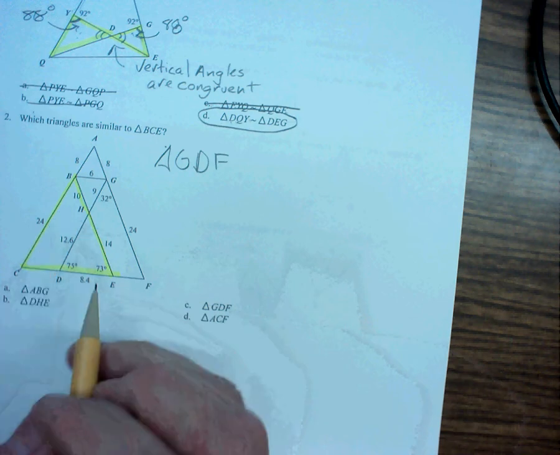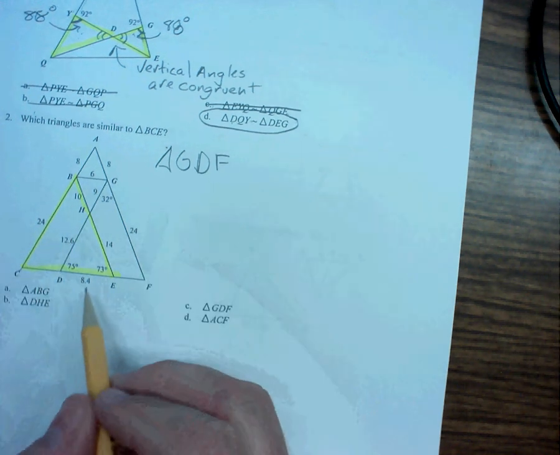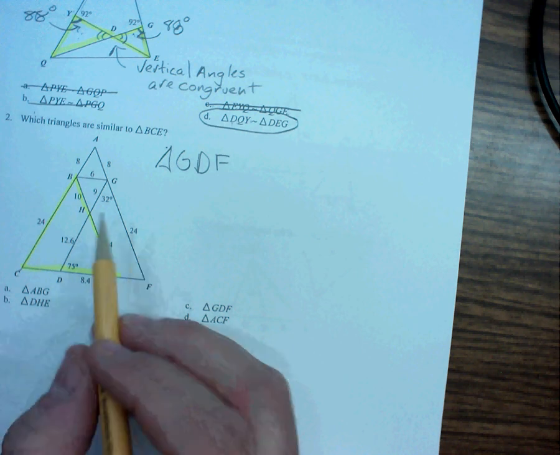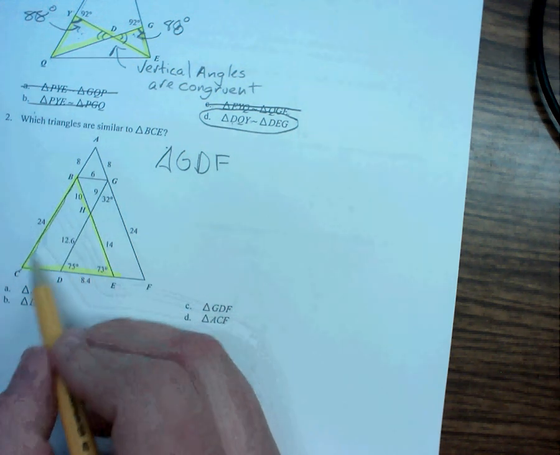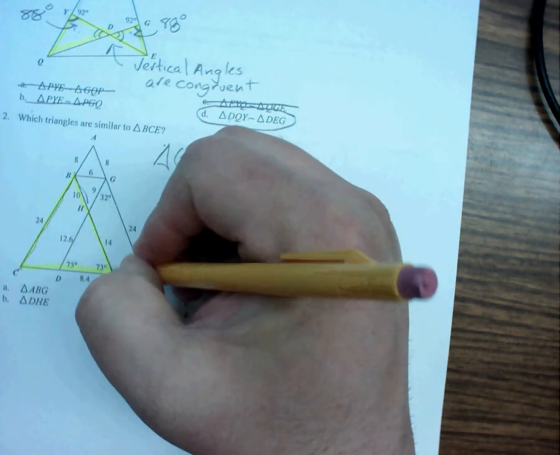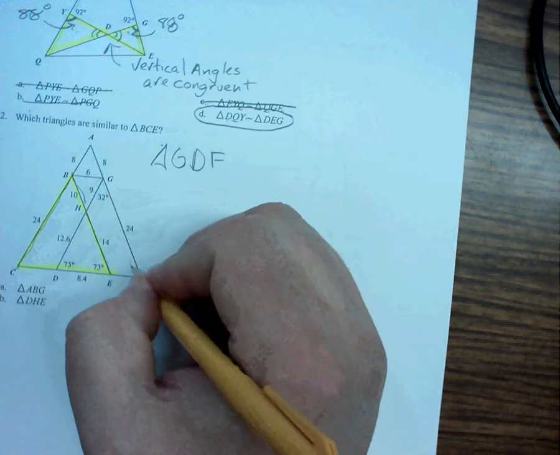This one's going to be a difficult one to prove, so I'm just going to think out loud. I notice that this side length is 24, and then this side length is 10 and 24, right? And then this side length is 24.